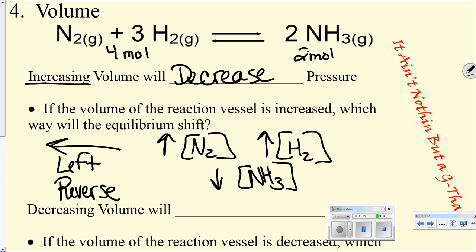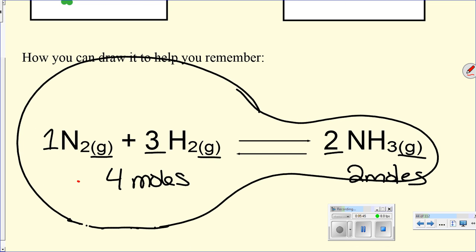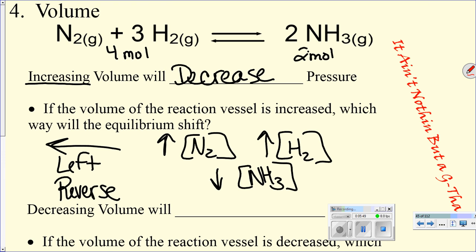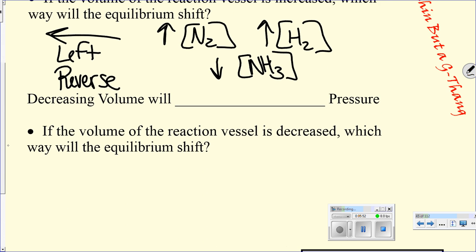If you think about that picture we drew on the other screen, when we're talking about bigger volume, we are favoring this side over here where we have lower pressure and we can let things spread out. If we were going to decrease volume, so we make our reaction vessel smaller, decreasing volume will increase pressure. If the volume of the reaction vessel is decreased, it's like we're shoving everything together, so we have to go to that side with fewer moles.